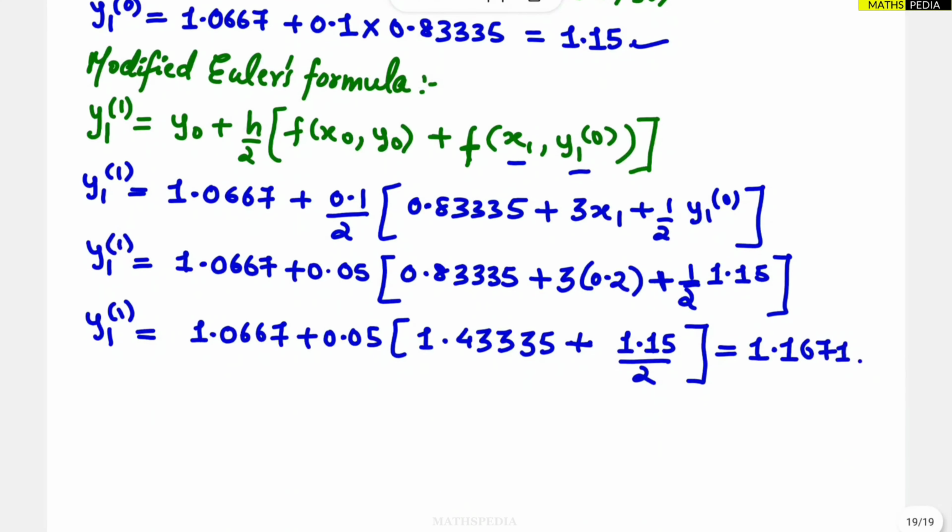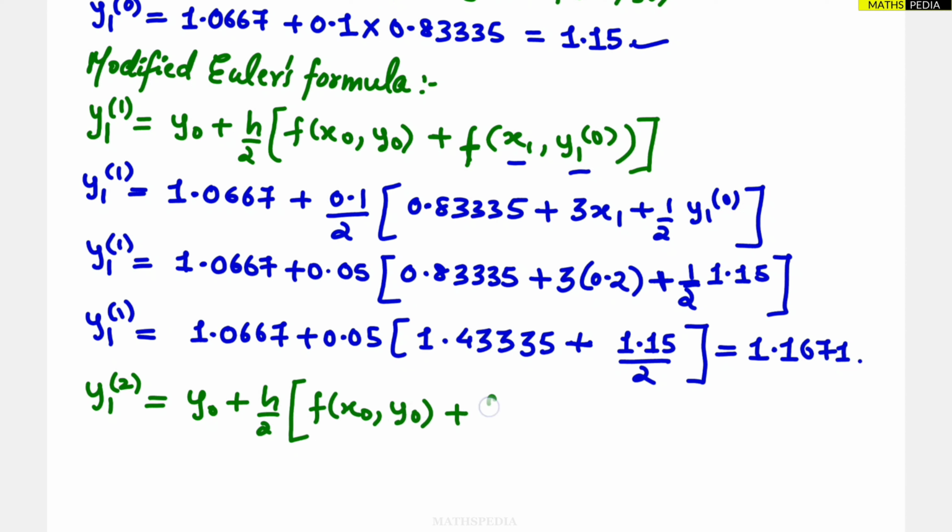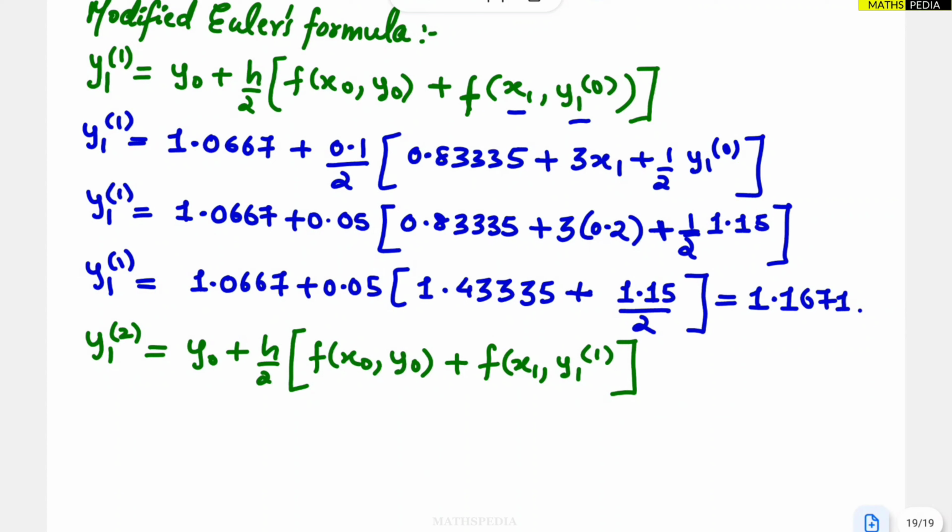Second iteration, y1 of 2. So the same formula. I'm going to write directly the same exact thing.